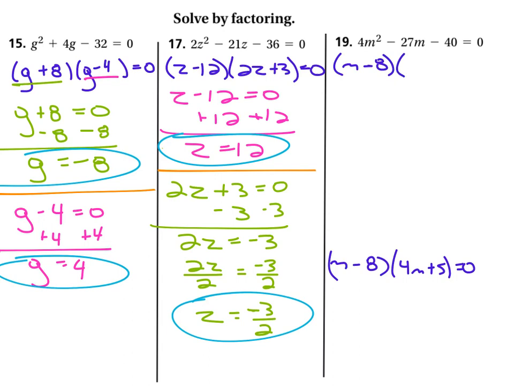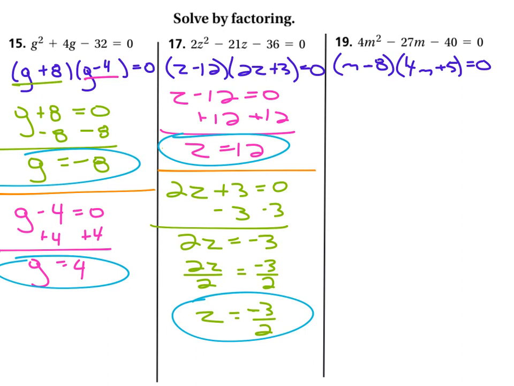Anyhow, this factors down into m minus 8 and 4m plus 5, all equaling 0. Okay, so now what we want to do is set each part, as you know, equal to 0 and solve for the variable that will result in a 0 for that expression, and therefore a 0 for the whole thing.